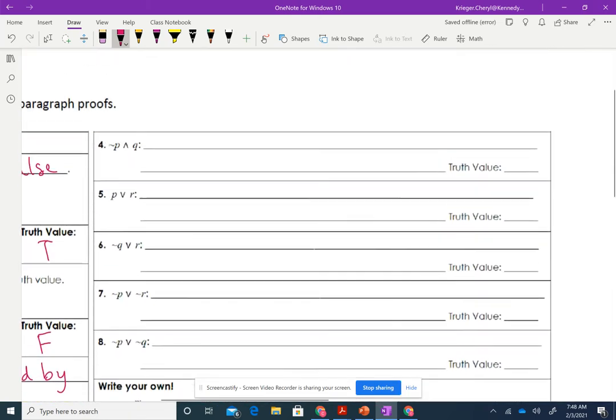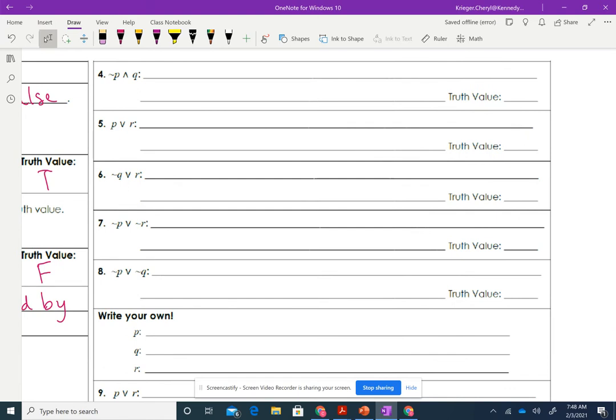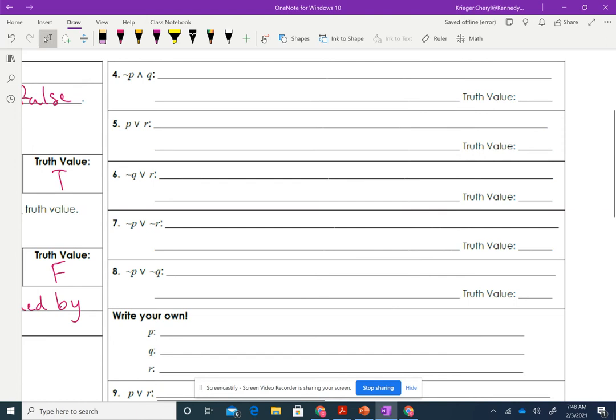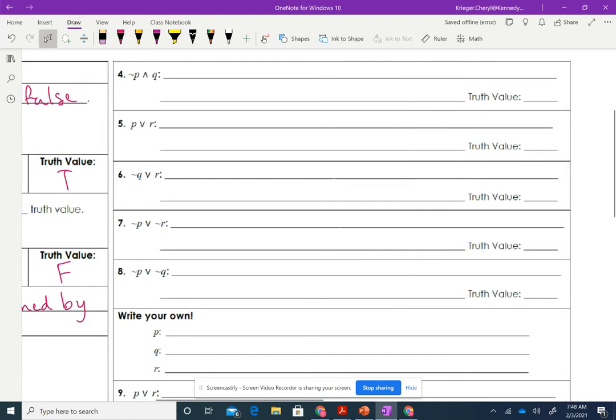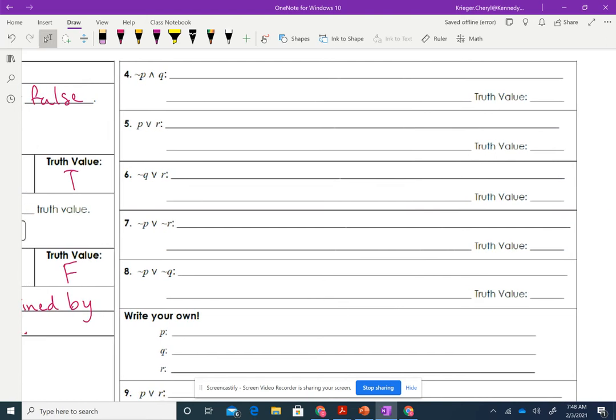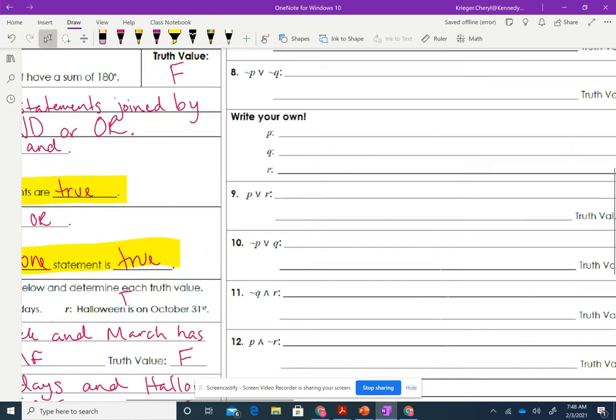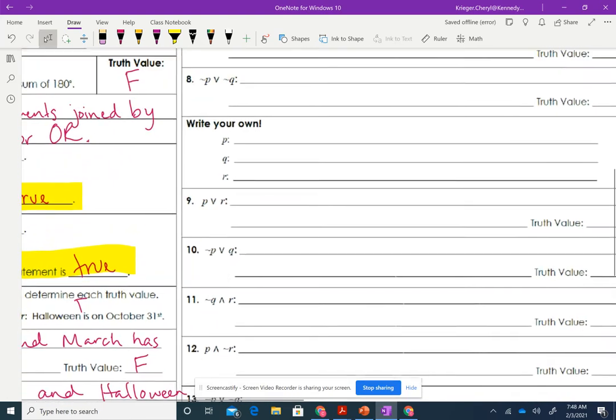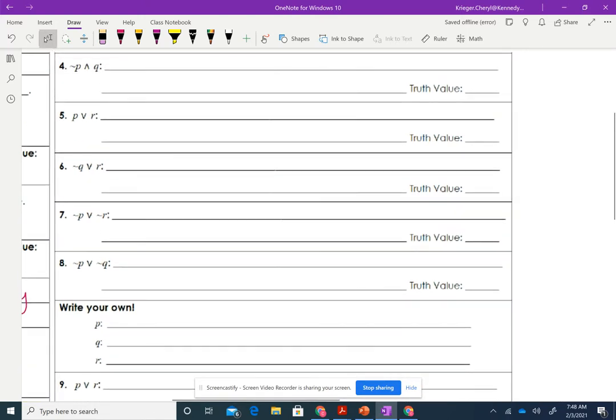How about the negation of P and Q? Actually, I'm going to skip down to number 6, the negation of Q or R, so that you can have some examples with or. The negation of Q, and Q was March has exactly 30 days, would be March does not have exactly 30 days.